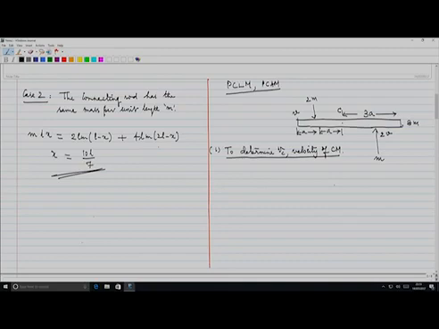Now we can make use of the principle of conservation of linear momentum. What does it say? Initially the rod is at rest, therefore the momentum of the rod is 8m times 0, plus the mass 2m strikes with a velocity v, but in the opposite direction.